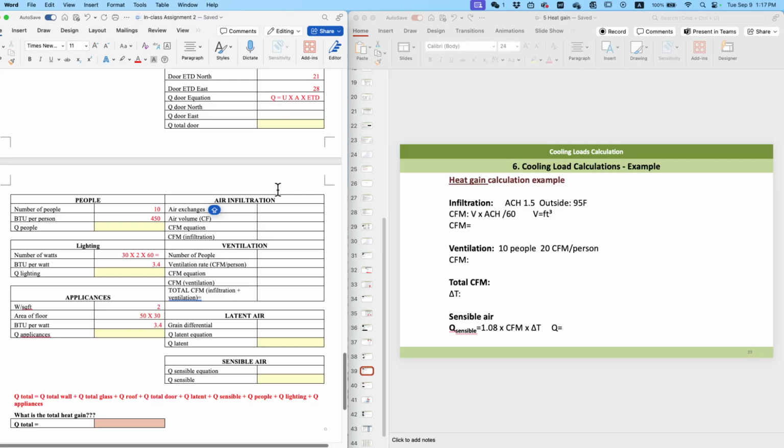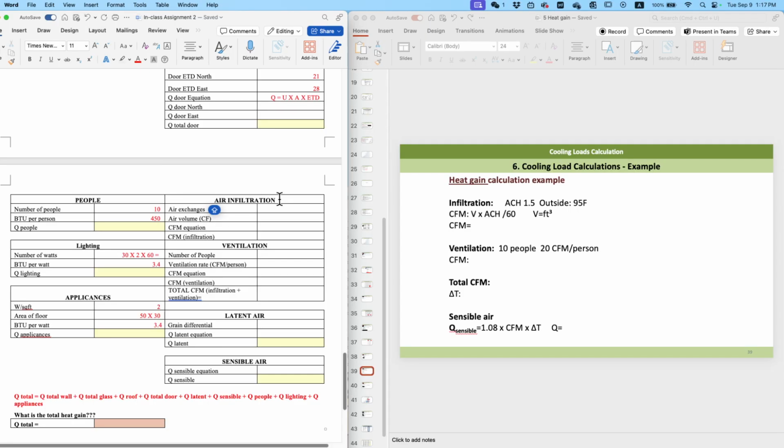That's unconditioned outside air going inside through the gaps between the wall and window, the wall and doors. And ventilation is based on the number of people and their activity. We use ventilation to provide comfortable indoor air quality for people.